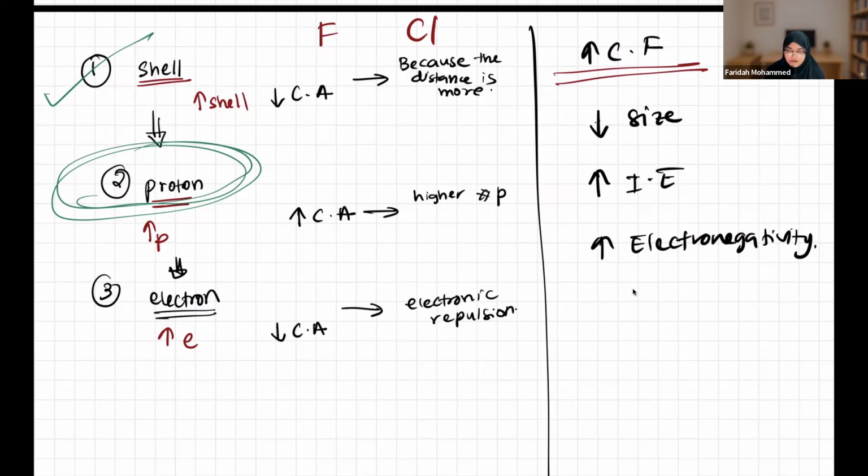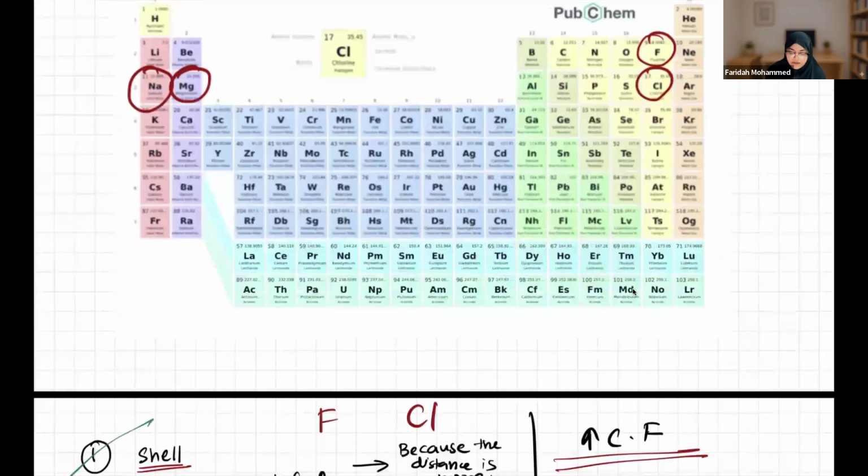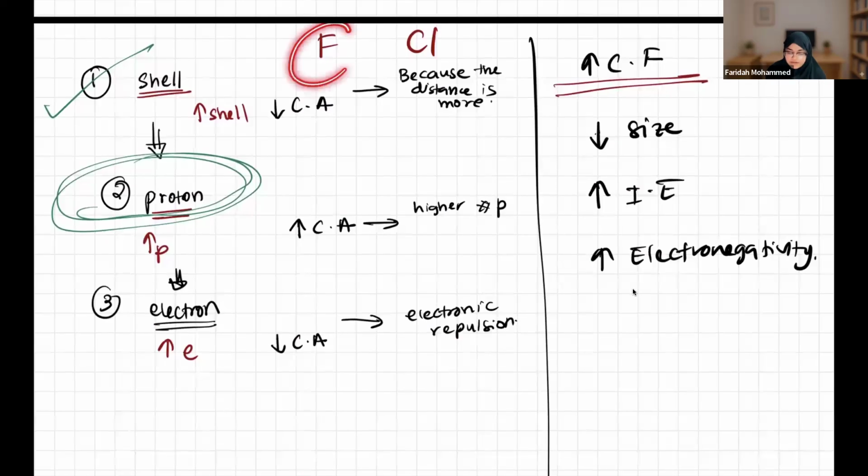Any questions? So basically what we're gonna say: fluorine has higher electronegativity compared to chlorine because it has more, or you can say extra shell, or extra PEL, principal energy level, compared to chlorine.